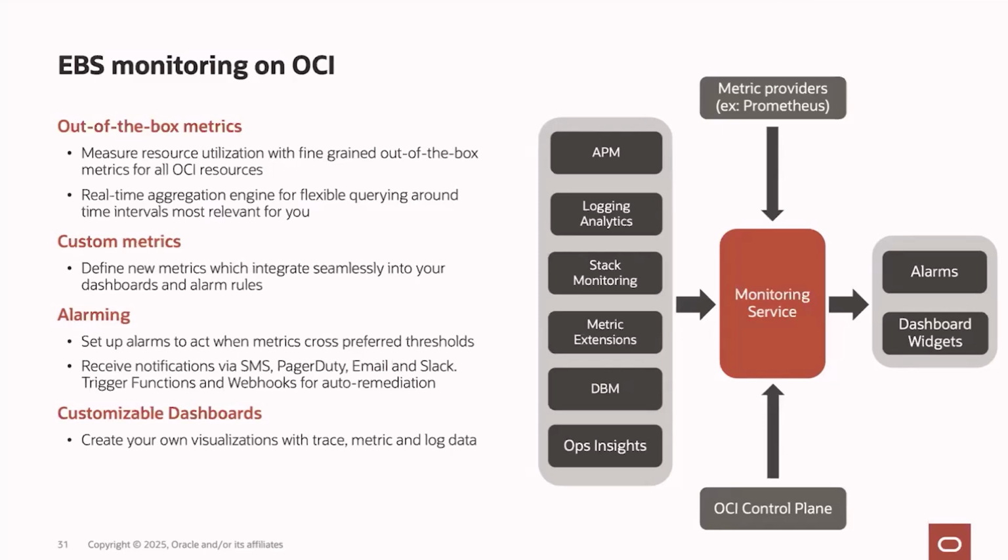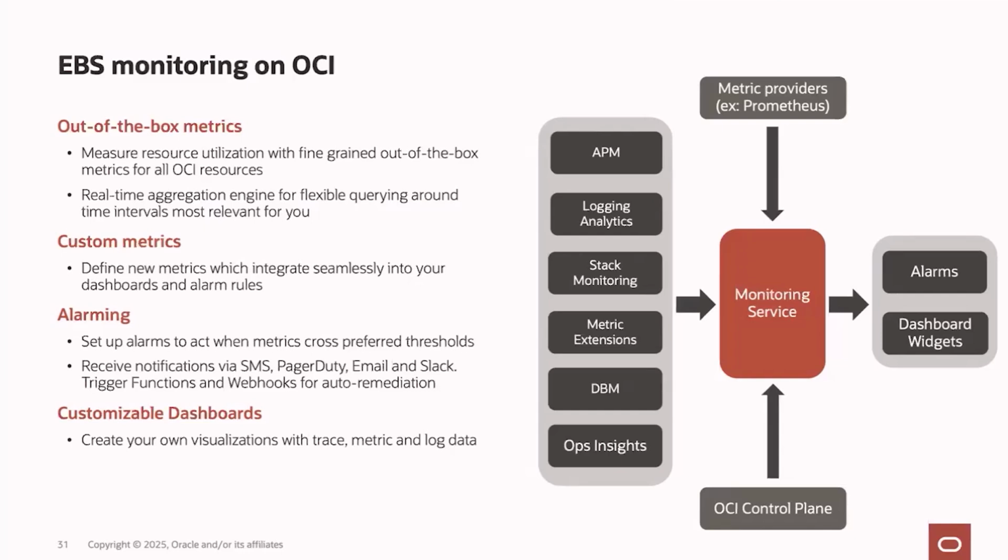Stack Monitoring provides metrics for all the discovered EBS stack components. You can also pull in custom metrics from metric extensions that you've set up. Database Management provides database metrics, and Ops Insights provides the forecasting metrics, which all feed into the Monitoring service in OCI.